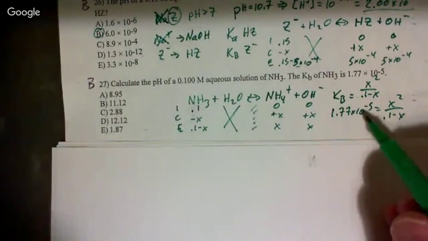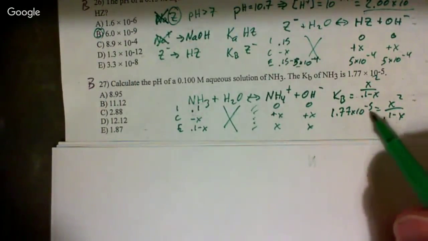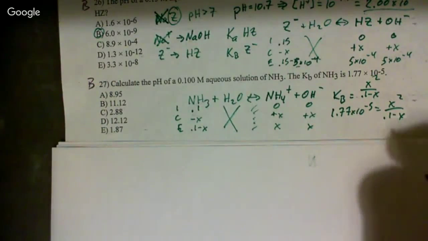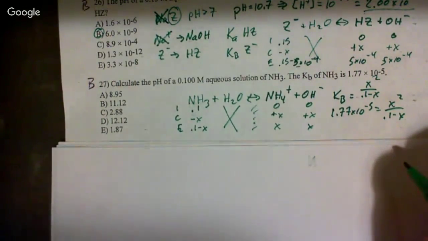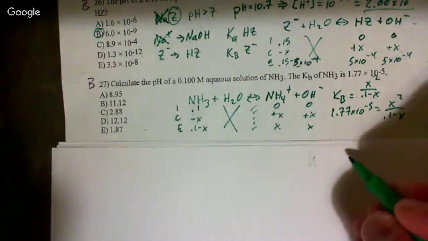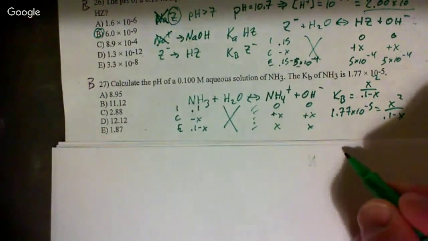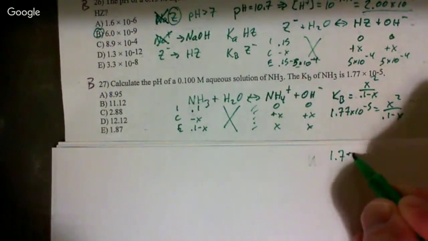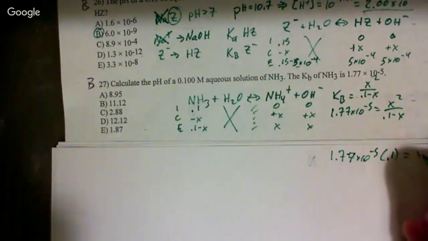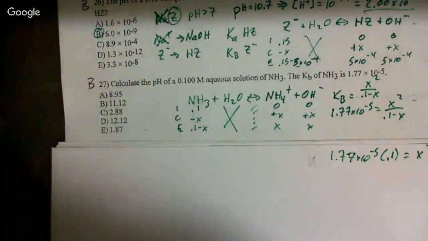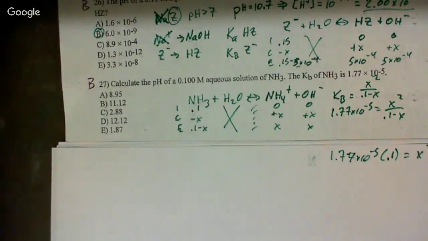Use an approximation here. This is different enough from 0.1, a factor of 10 to the 4th. Is that right? 10 to the 4th? 1 times 10 to the, yes, 10 to the 4th. And so you end up with the expression simplifying down. 1.77 times 10 to the negative 5th times 0.1 just equals x squared, because subtracting x from the 0.1 is going to yield basically no difference.